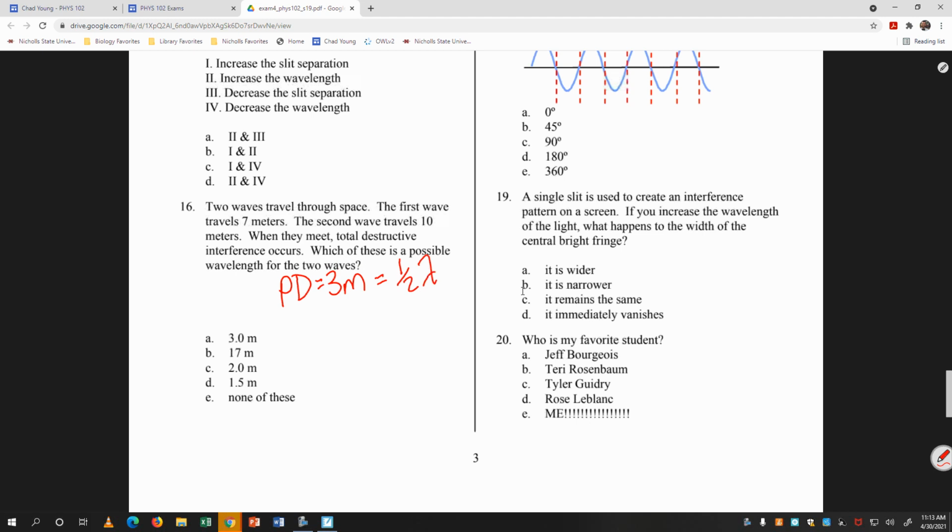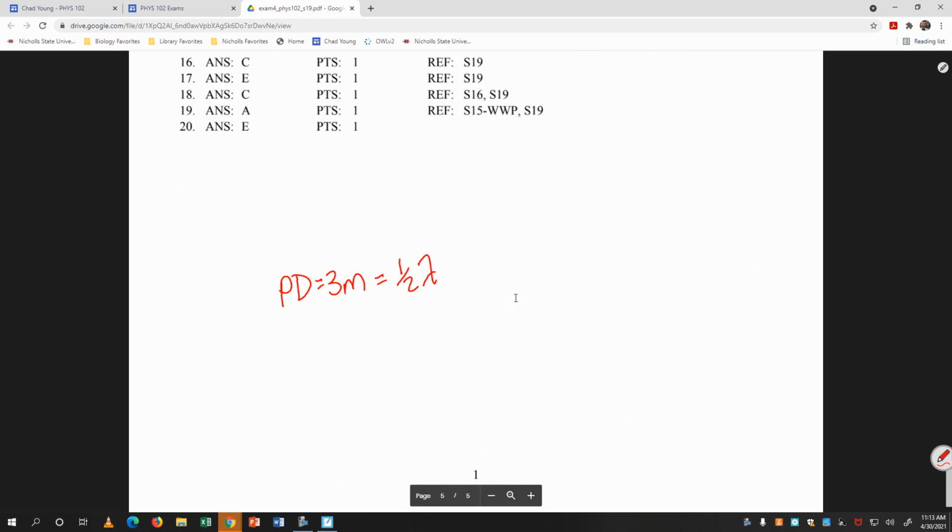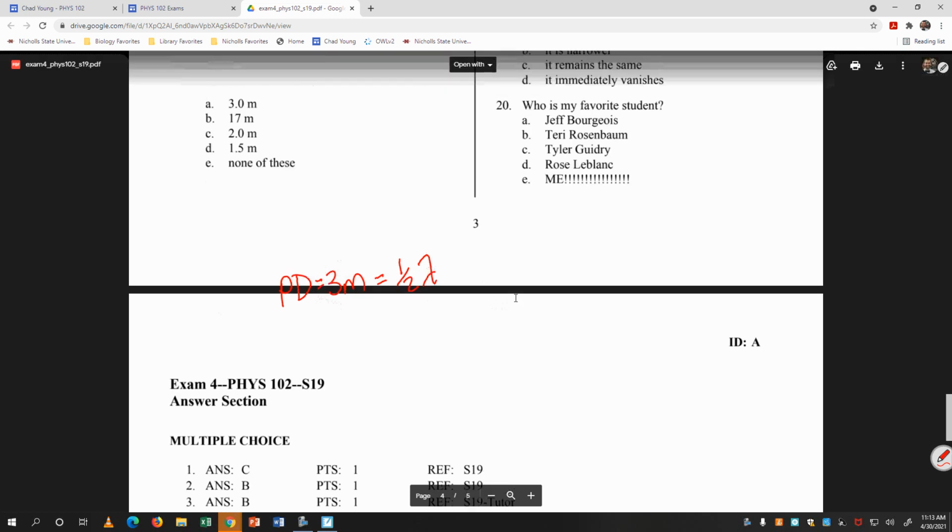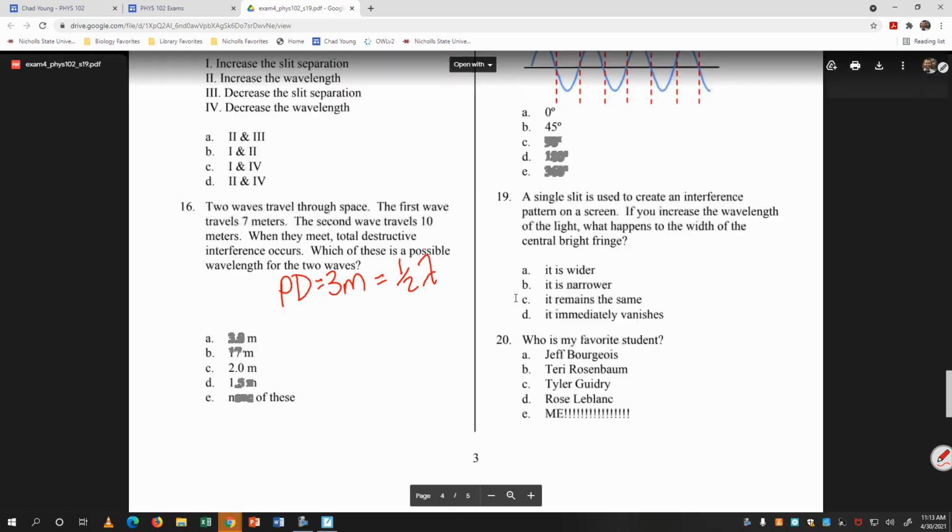So the wavelength could be... I don't think it's any of these, right? No, I'm sorry, it can't, yeah, I think E is the right answer. Let's double check, 16, let's see, 2 meters.